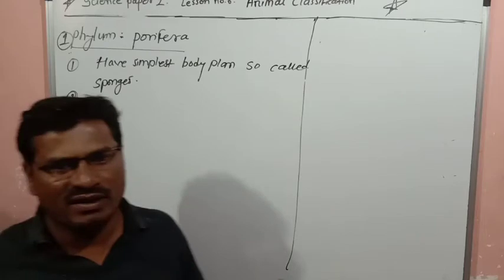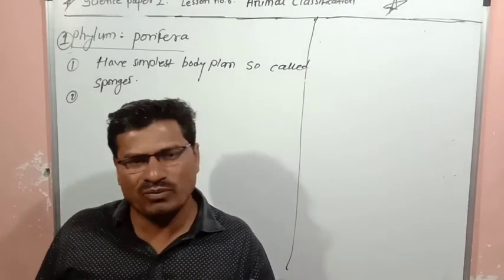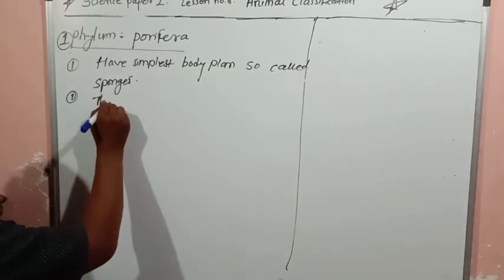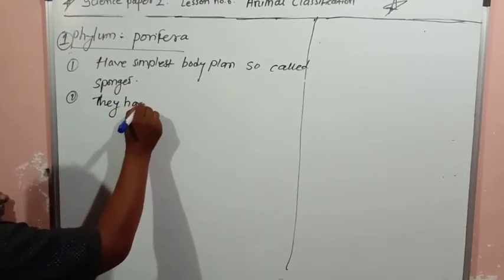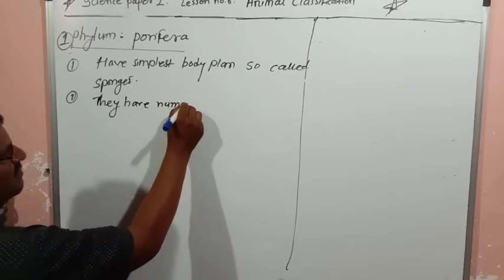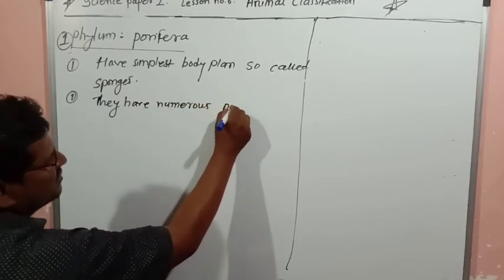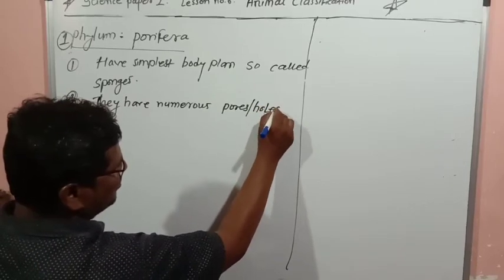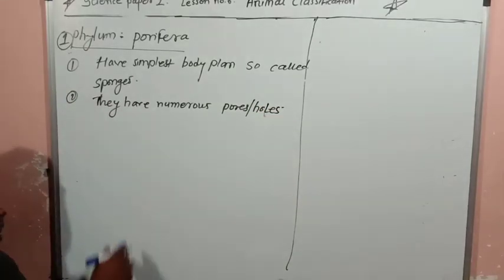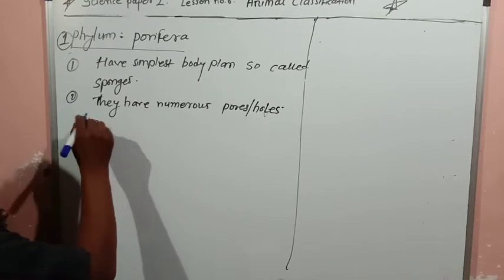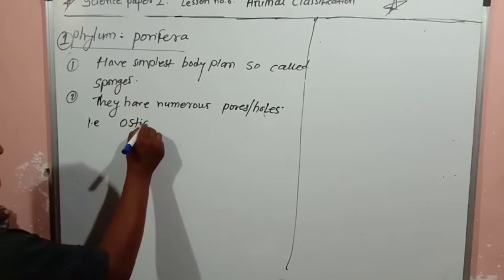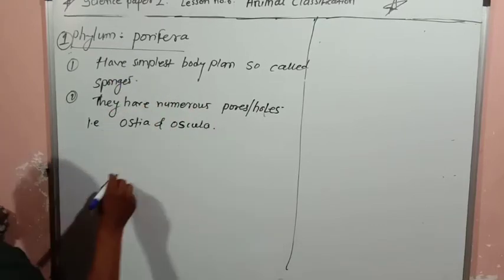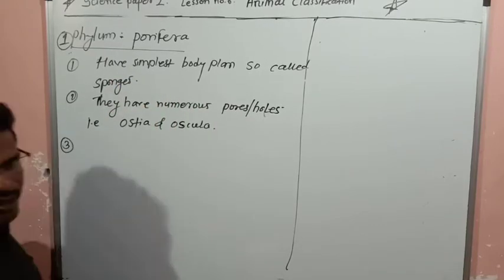Second, they have numerous pores, or holes, on their body. Which pores are these? Ostia and oscula.